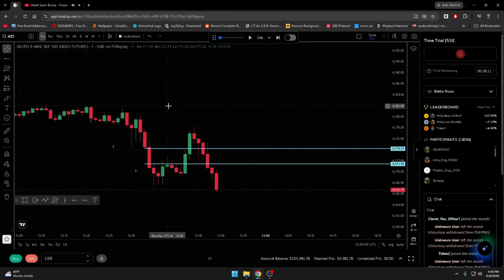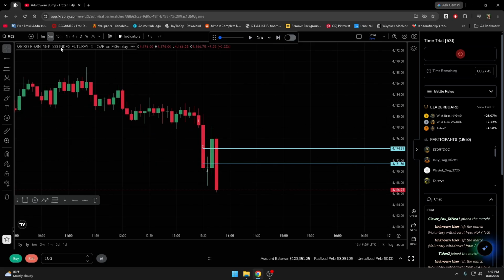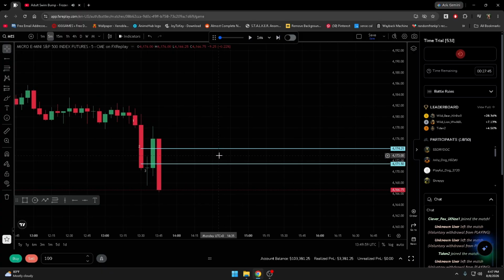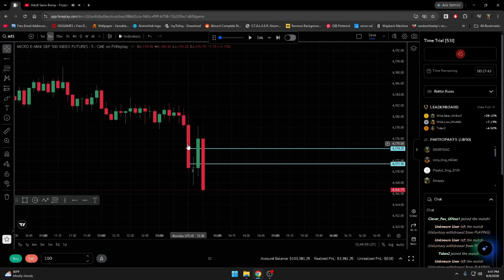Just think about that for a second. Let's see. This thing continued going downward. It came back up and shifted upward. Then it went downward again. So does this work always?